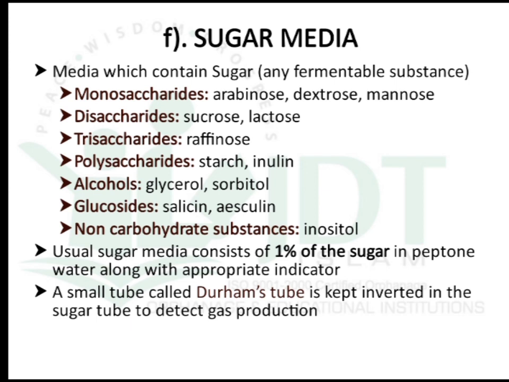Usually sugar media consists of 1% sugar in peptone water along with the appropriate indicator. A small tube known as a Durham tube is kept inverted in the sugar tube to detect gas production. If there is any fermentation, gas production will be there, so that we can identify the fermentable bacteria by using these sugars.